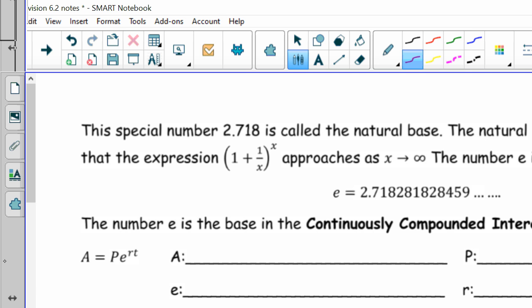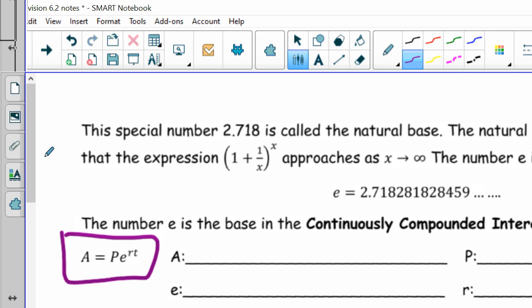So the number E is the base that we use in the continuously compounding interest formula. So this means continuously compounded. It's compounded every second, every millisecond of every day. Okay? So this is the formula that we use for continuously compounding. A equals P times E to the RT power.